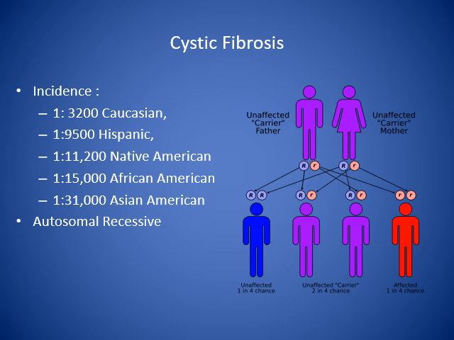So you need to have two parents that have the recessive gene in order to have a child that will express the disease. They have a 1 in 4 chance of developing cystic fibrosis, as demonstrated in the picture.